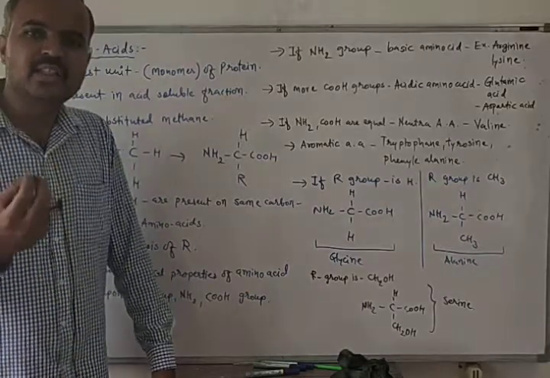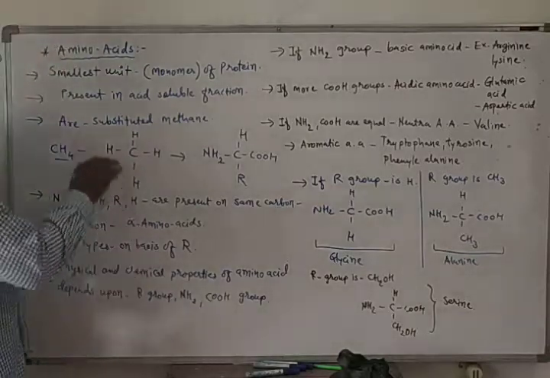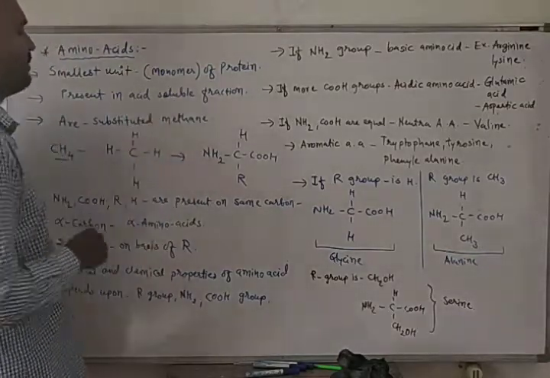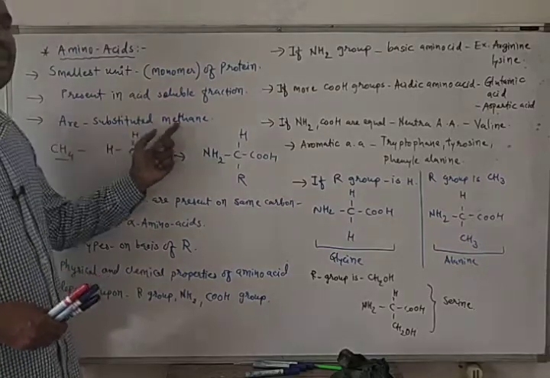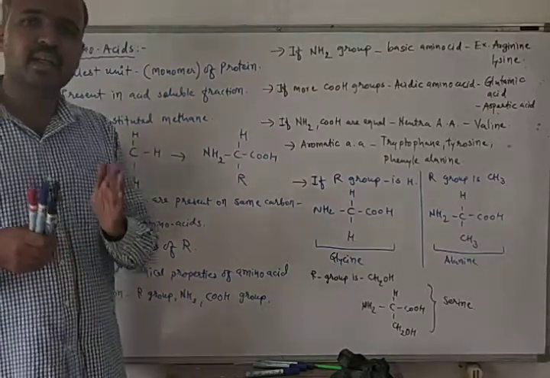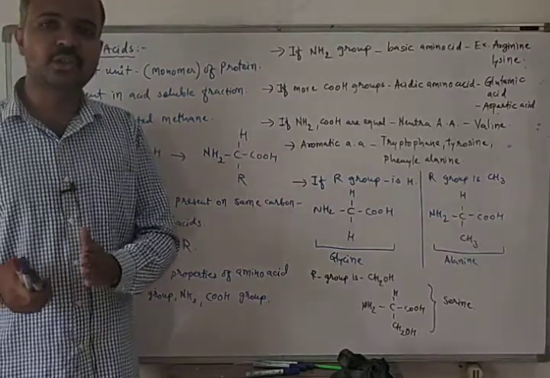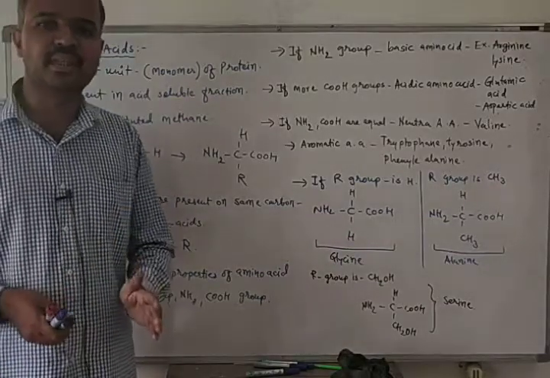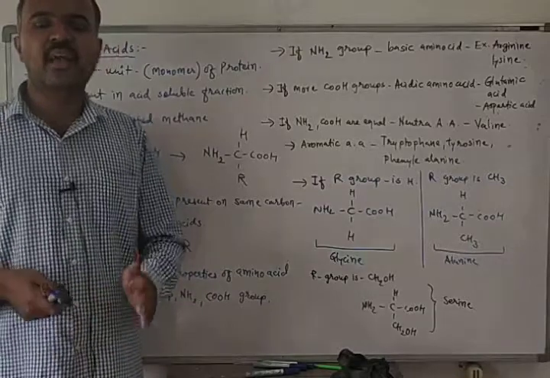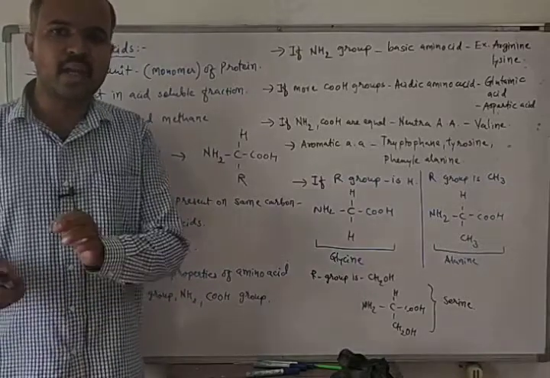As its molecular weight is low, it is found in the acid soluble fraction. Actually, amino acids are substituted methane. If we see the structure of the amino acid, we can say that amino acids are substituted methane. How?